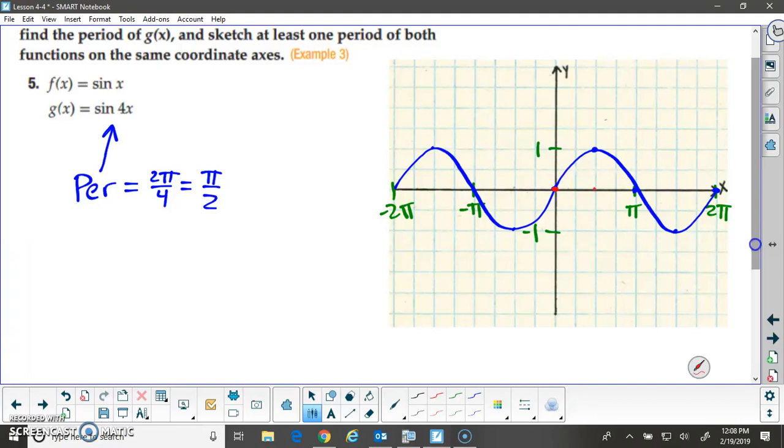So I have to draw 1 cycle in between every 1/2 pi units. So there I've just drawn 2 cycles. Now I've got 3 full cycles of 3 wavelengths for the sine of 4x.